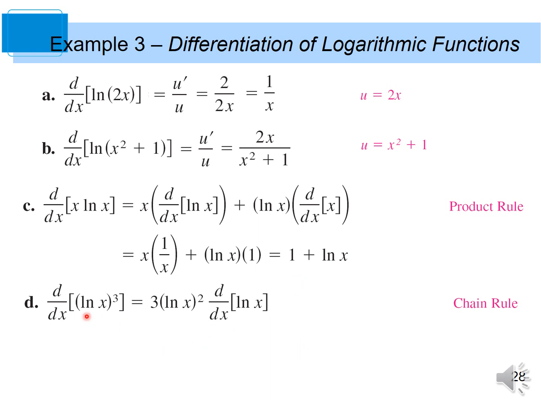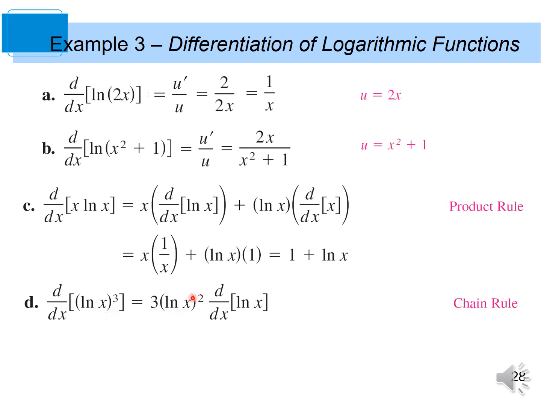For d, differentiate natural log of x cubed with respect to x. Be careful with this function. Natural log of x is a function of x. This function of x has power cube. So we use general power rule. So 3 moves to the front. U is the natural log of x.